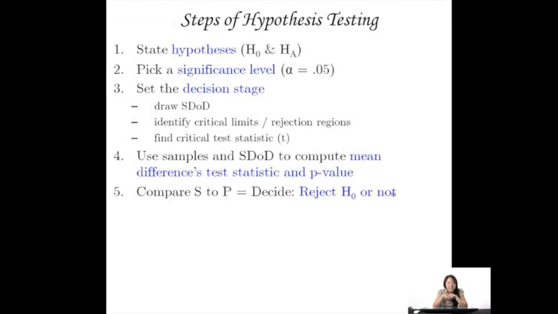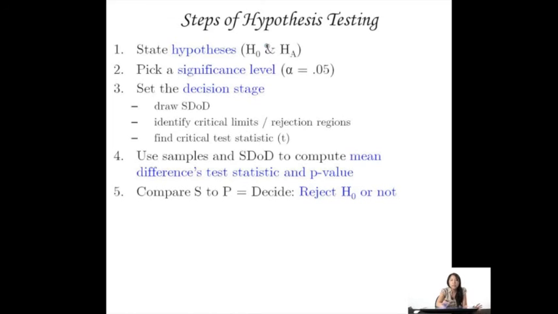Okay. Now let's go on to the steps of the hypothesis testing. These are the same steps as you did when you had one mean, except now that we're subtly changing just a few things. And I'm going to highlight those changes as we go through this. So first we need to state our hypotheses. And remember, now instead of having just a hypothesis that the mean of the population equals this, what we're really saying is that the mean of the population of x and the mean of the population of y are the same.